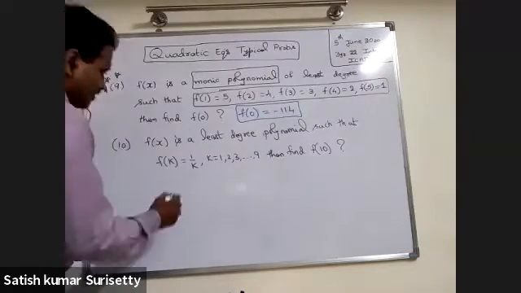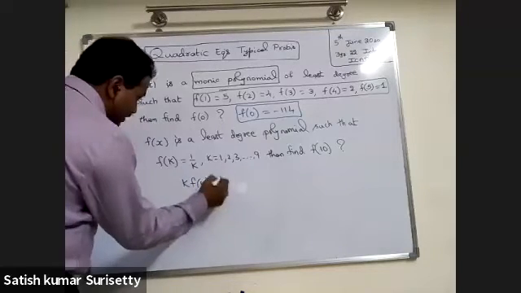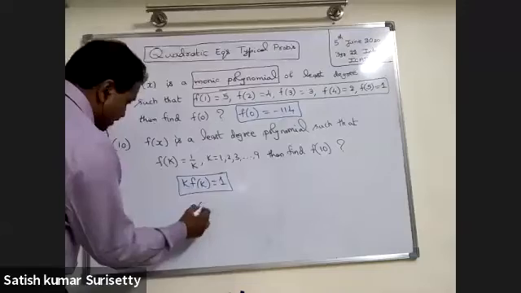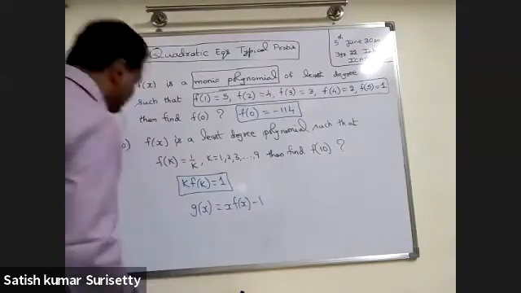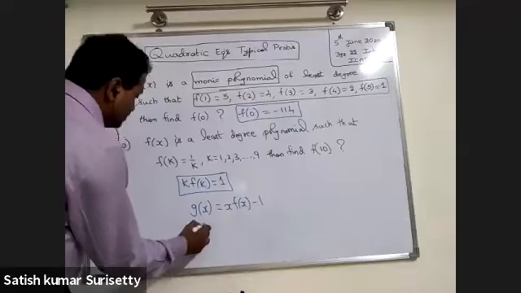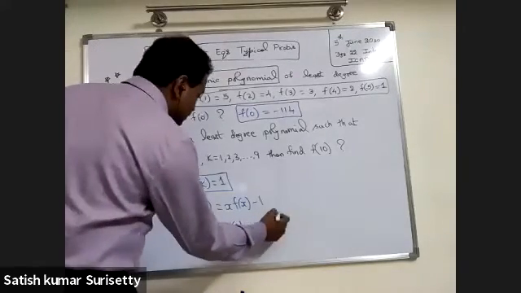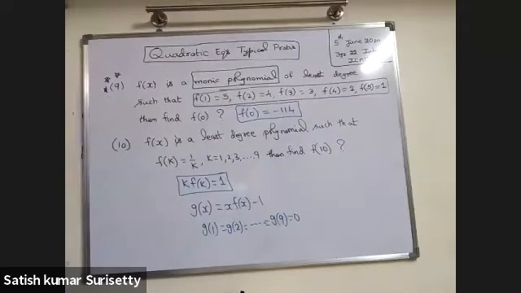So we have f of k equal to 1 over k. That means using this we can design a polynomial g of x as x times f of x minus 1. Then g of 1 equal to g of 2 and so on up to g of 9 will be 0. That means 1 to 9 are the roots of g of x.